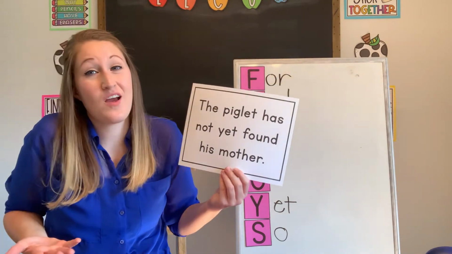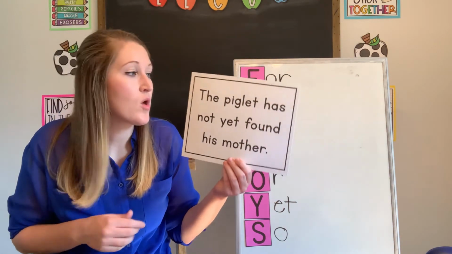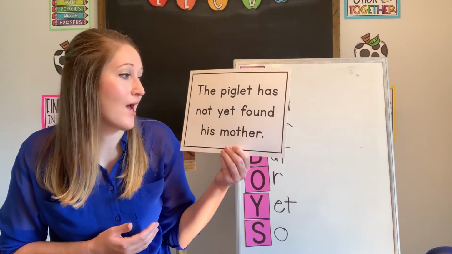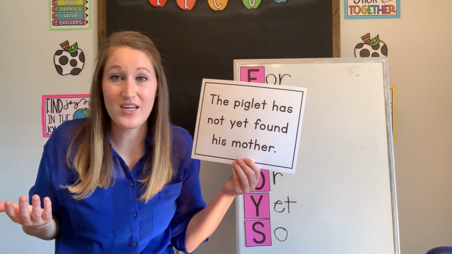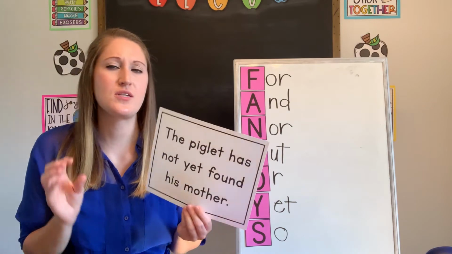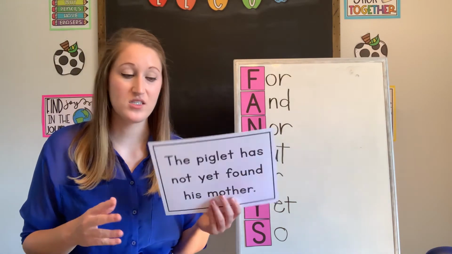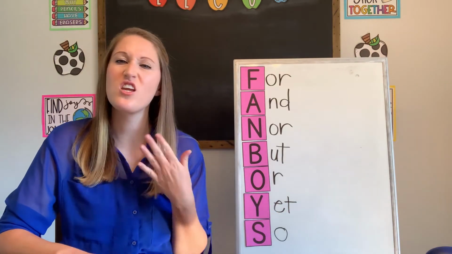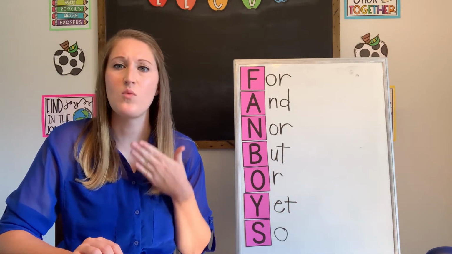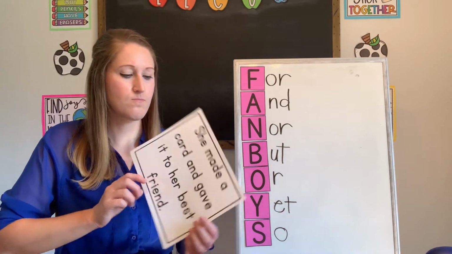He hasn't yet found his mother. Not yet. We could also change this around and say the piglet hasn't found his mother yet, right? So the way in which we choose to put the words, the order in which we choose to put them, helps to convey different meanings, right? Helps to change up the way sentences sound and the way we think and interpret them.